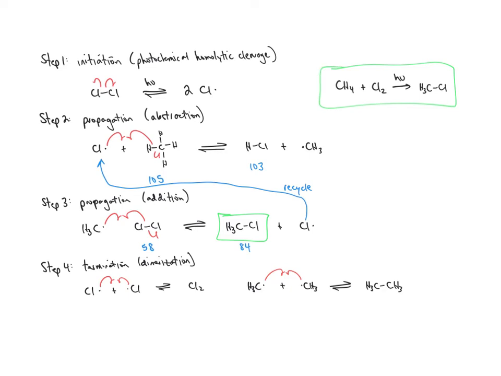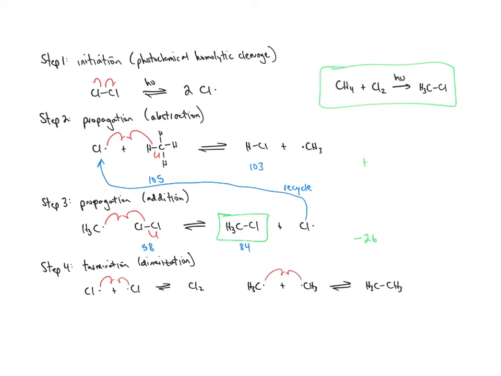Right, so here's the overall reaction. You're taking methane and halogenating it with Cl2 in the presence of light. If we add up all the bond enthalpies that are either formed or broken, the free radical chlorination is exothermic. So if we take 84 minus 58, that's minus 26.